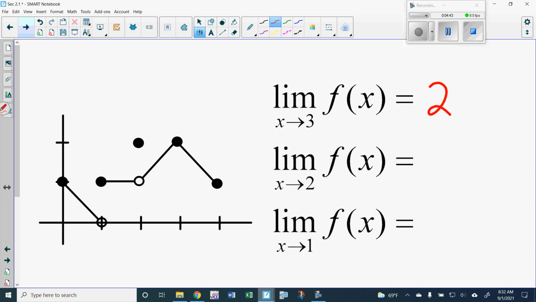For the next one, what is the limit as x approaches 2 of f of x in our graph? The answer there is 1. And finally, what is the limit as x approaches 1 of f of x in our graph?